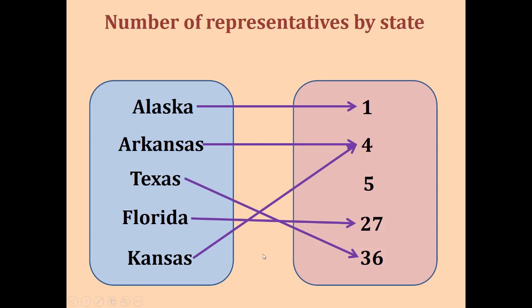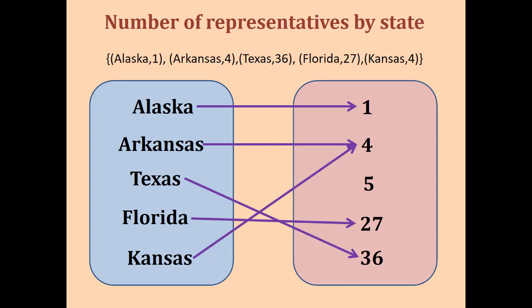A few interesting things about this. First off, notice that we're taking the group of things on the left, and each one of those produces one of the things on the right. So the one on the right side, the number, is determined by what's on the left.